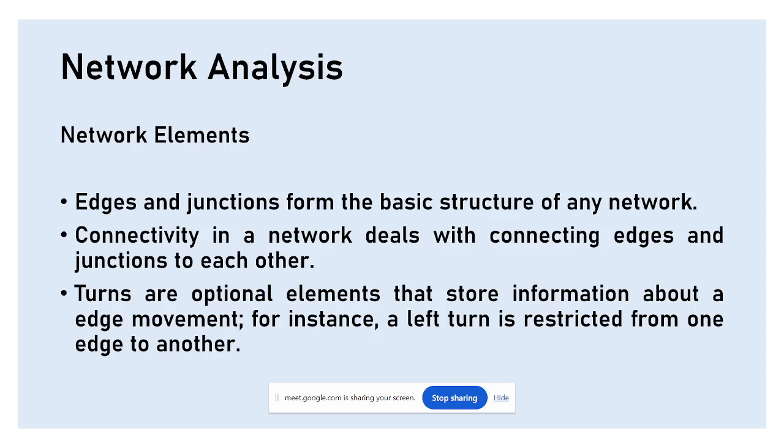So connectivity in a network deals with connecting edges and junctions to each other. You have to remember, network is basically some sort of connection happening. So that connectivity is maintained by connecting edges and junctions to each other. Turns are optional elements that store information about edge movement. For instance, a left turn is restricted from one edge to another.